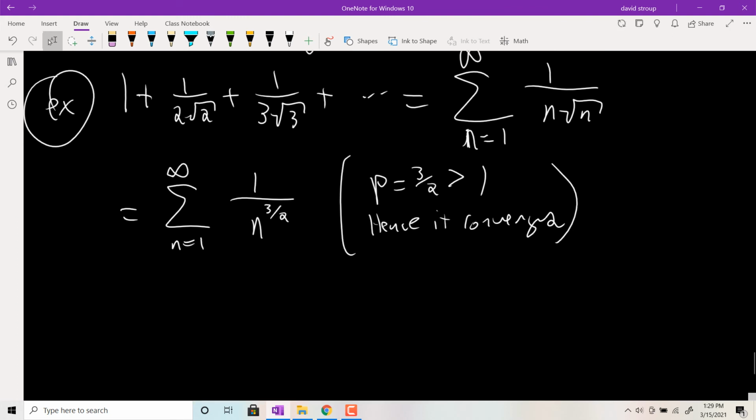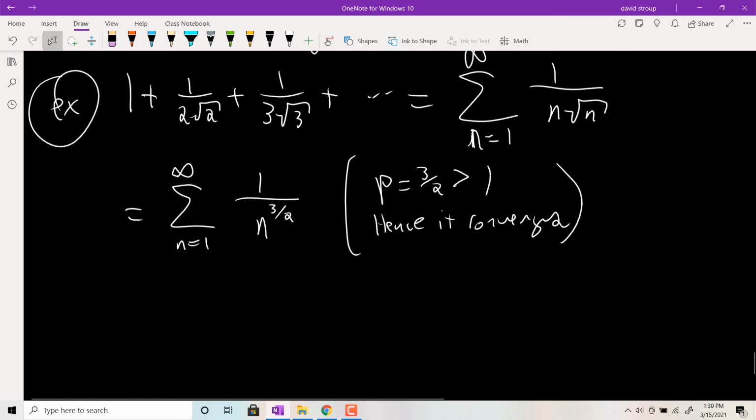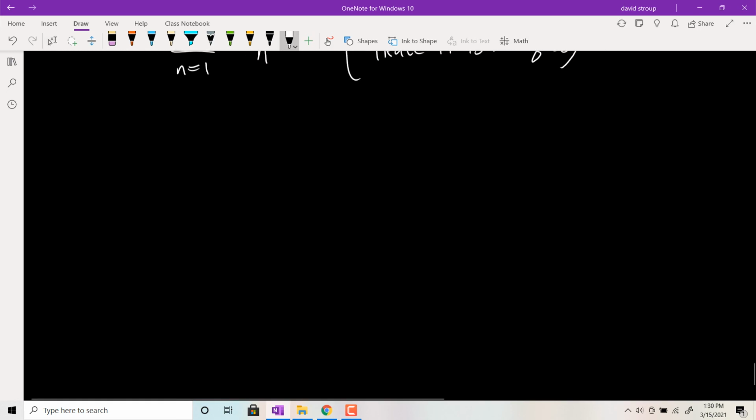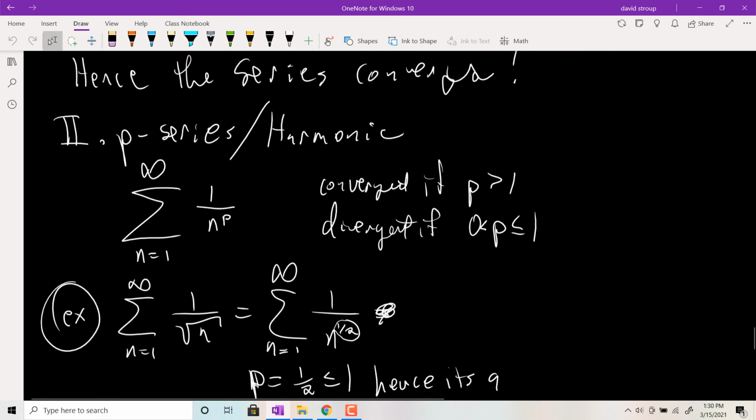Okay, so that's all that rigmarole. In general, we can prove where it diverges and where it converges. The frontier between convergent and divergent, where p equals 1, is called the harmonic series. So note the series of 1 all over n from n equals 1 to infinity is called the harmonic series.